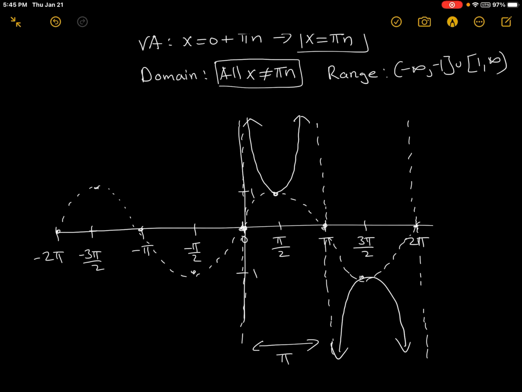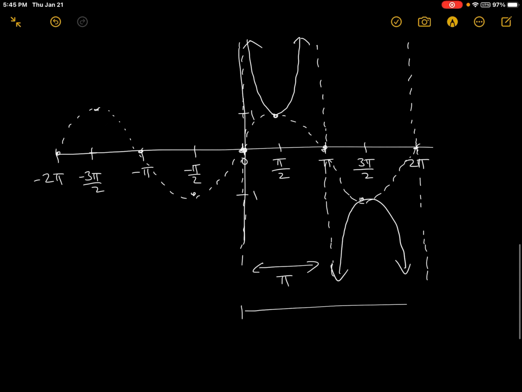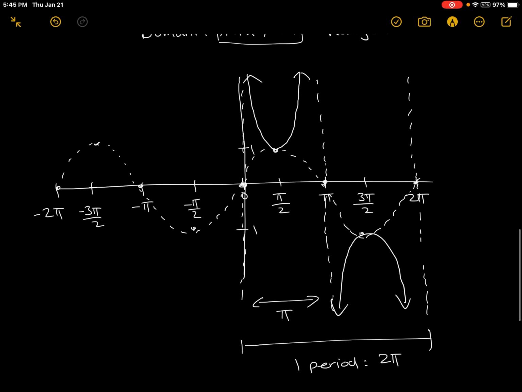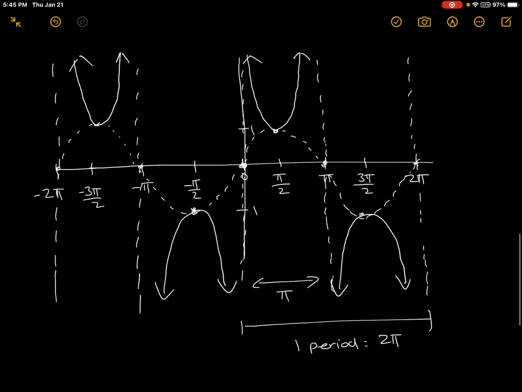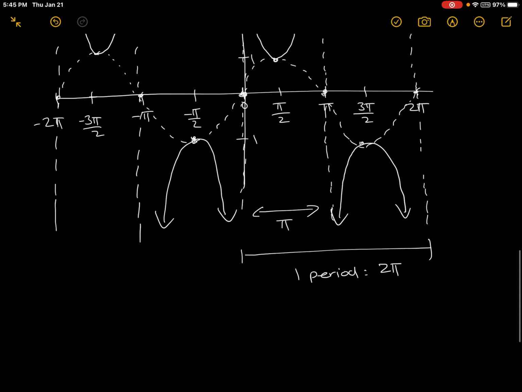This would be one full period of the graph. This is one period, which is 2 pi radians, the horizontal distance. And if you keep graphing a little bit more, you would be graphing 2 periods. So this would be another period: vertical asymptotes and mini parabolas. So basically, I have 2 periods sketched out here for you.